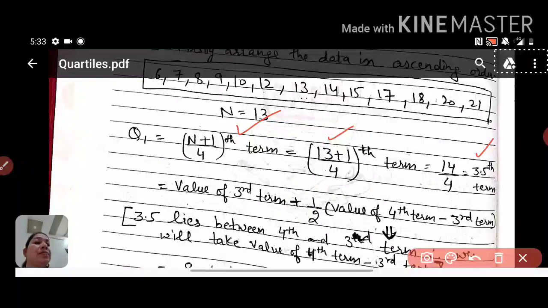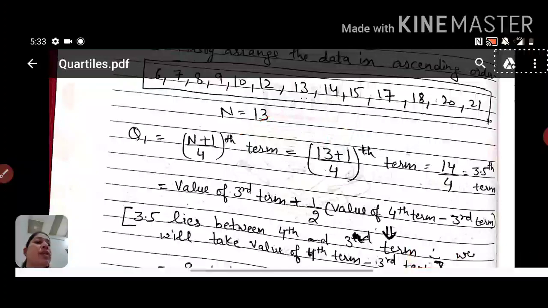That means you have to take the value of the third term plus half the value of the fourth term minus the third term, because the 3.5th term lies between the third term and the fourth term.